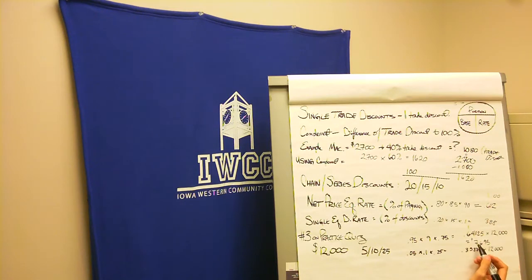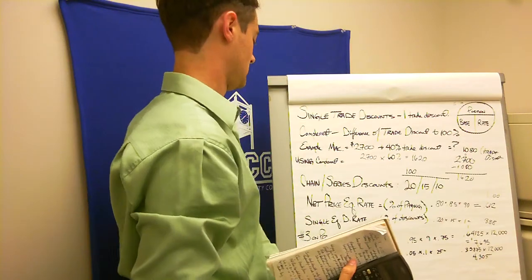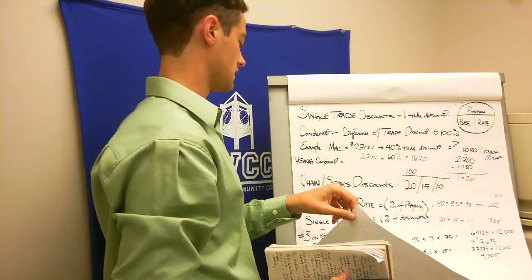So 12,000 minus that should get me this number, which would be 4,305. I add those together and I get 12,000. So that was one of the practice quiz problems, trying to figure out net price and single equivalent rate.